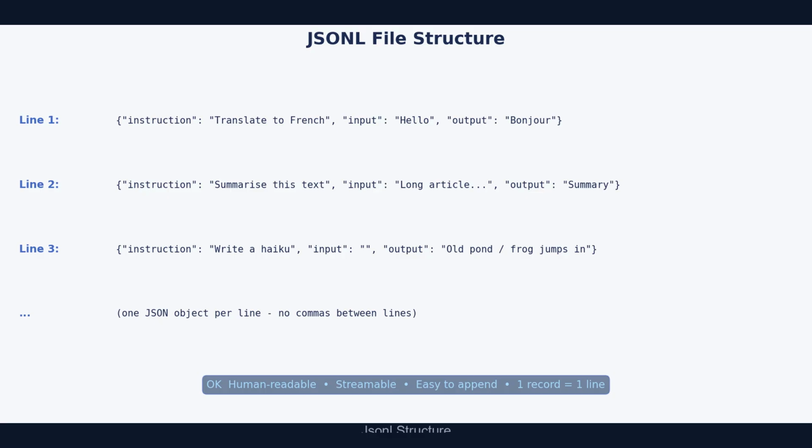A diverse dataset teaches the model to generalize across task types rather than overfit to one pattern. The JSON-L format makes this easy to build incrementally. You can append new examples to the file one line at a time without rewriting the entire dataset, which is a significant practical advantage when you're collecting data over time.